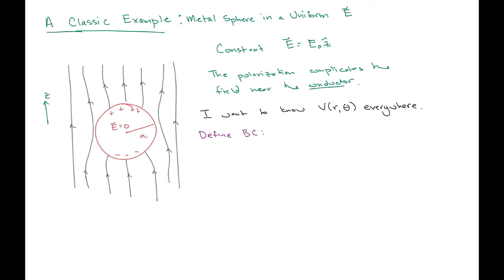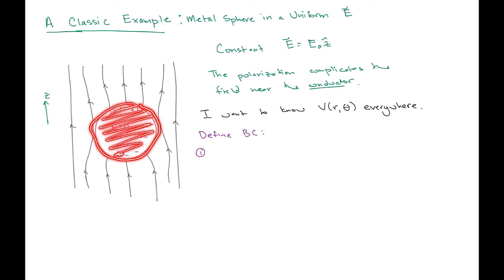Our first boundary condition, we want to recognize that conductors are equipotentials, which means the potential is the same everywhere at the surface and inside our conductor. Inside the conductor, the electric field is 0.